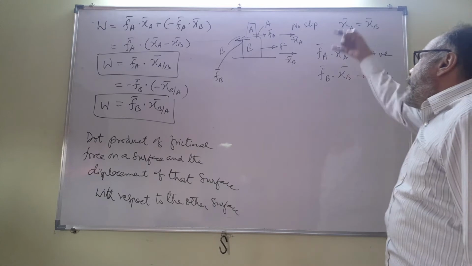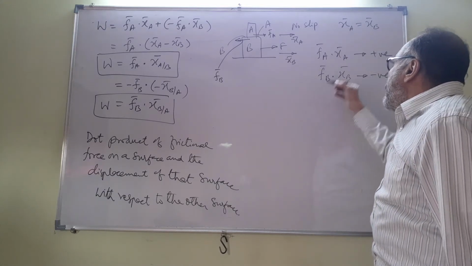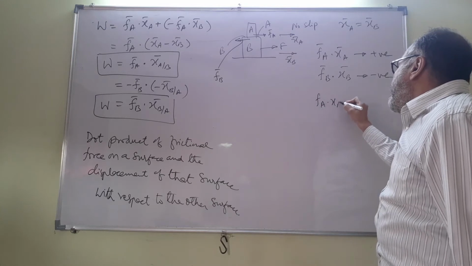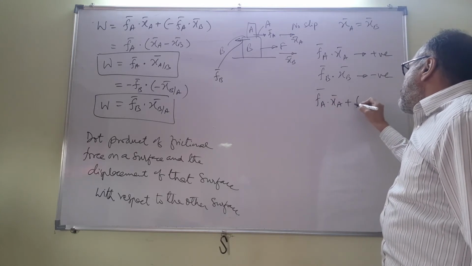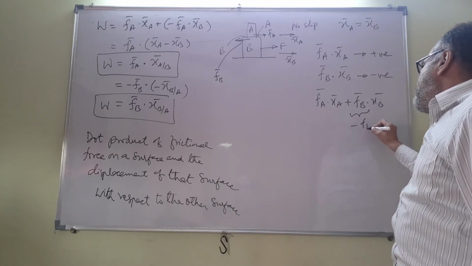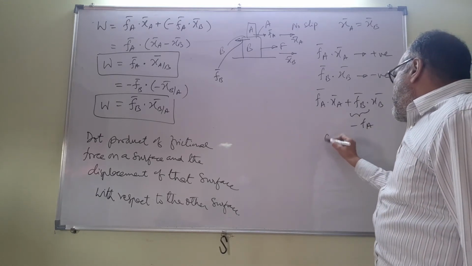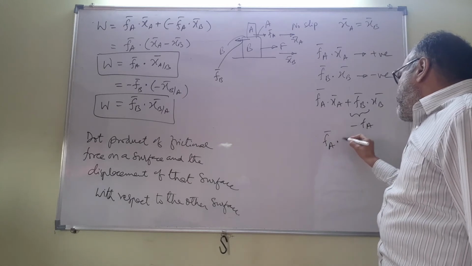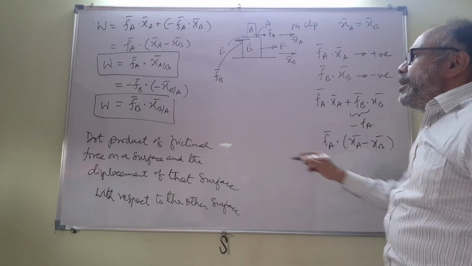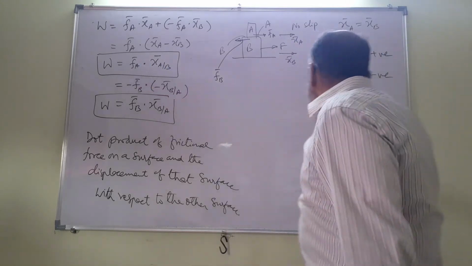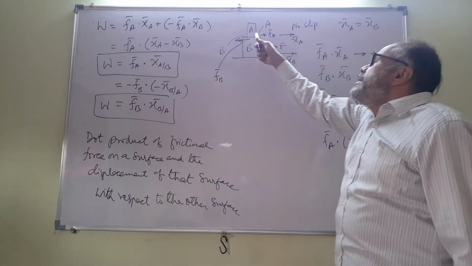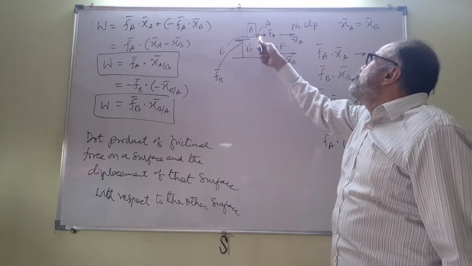Yes, if you add both these works, you will have FA dot XA plus FB dot XB. FB is minus FA. So FA is common and you get FA dot (XA minus XB), which is nothing but FA dot XA with respect to B. But we are saying here that A does not move with respect to B. There is no slip.